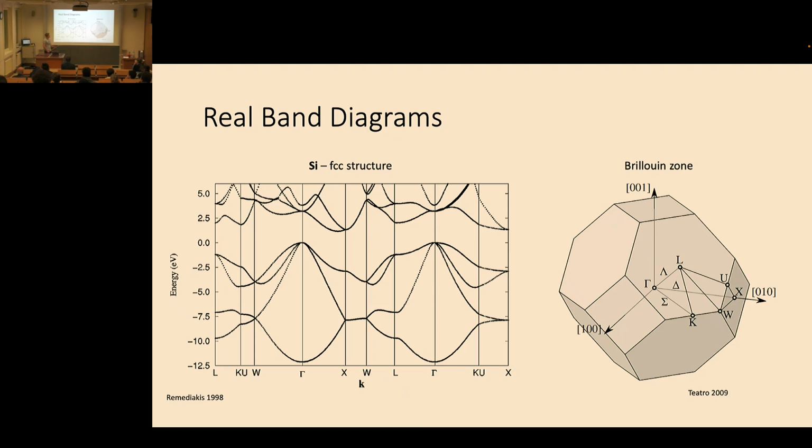So instead, people usually pick certain points of interest in the Brillouin zone, so-called high symmetry points, which are denoted with letters, and we can expect that all of the interesting physics is going to happen at these points. So we just plot these points and the lines connecting them in momentum space on one axis. For example, if I go along this line in the Brillouin zone, this means going from L to U to W and then to gamma.